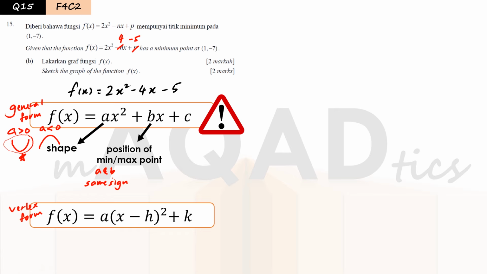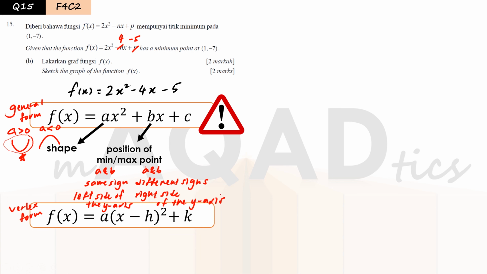then the minimum or maximum point will be at the left side of the y-axis, right? The left side of the y-axis. If A and B are different signs, meaning A is positive, B is negative, or A is negative, B is positive, then the minimum or maximum point would be on the right side of the y-axis.